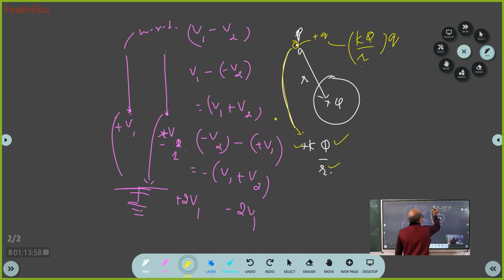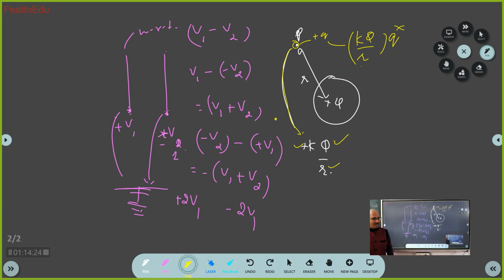See, potential at this point doesn't depend upon this. It will only depend upon this. Understood? It will not depend upon that. That has nothing to do. The potential at that point will not change. Potential energy will be for the object, not for the point. Got it? Yes, sir.